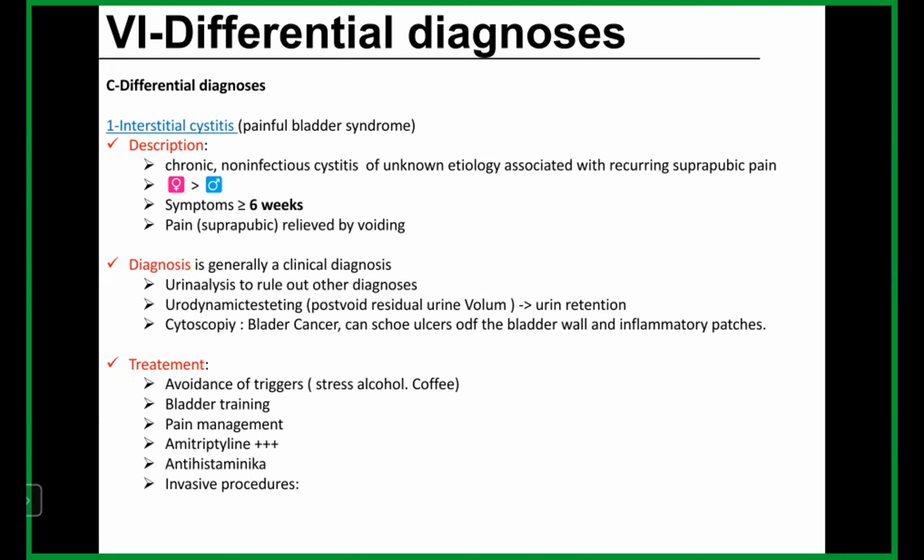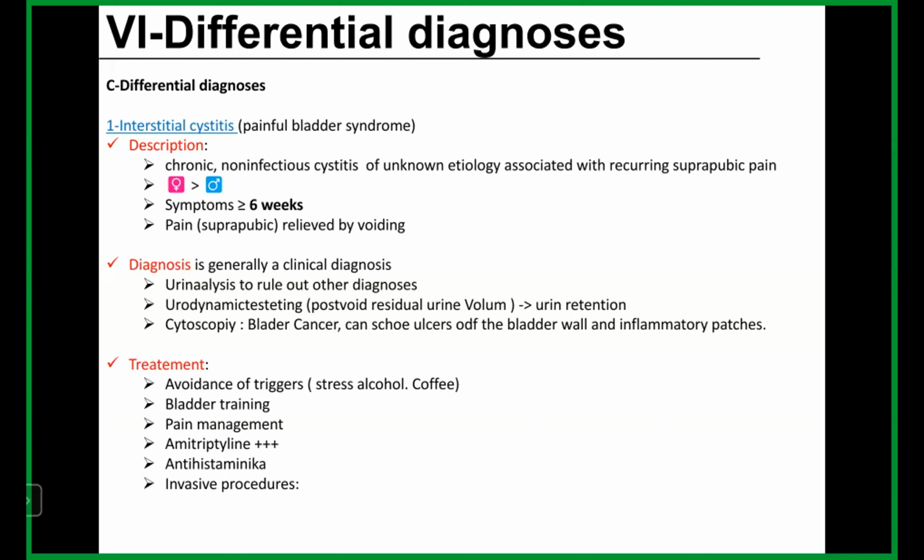It could be the interstitial cystitis. This is a painful bladder syndrome, we call it also like this. It is chronic non-infectious cystitis, so they don't need any antibiotics. They're chronic, as I said. The patient most of the time says, yeah, since 3 months I'm suffering from this.